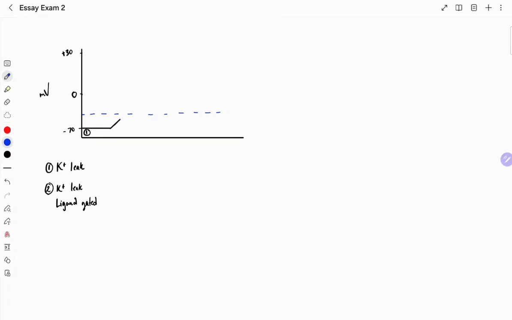But sometimes there's not enough stimulus to bring this cell to that point of the threshold, and so it may just kind of come up here and then slowly end up coming back down to the resting membrane potential.